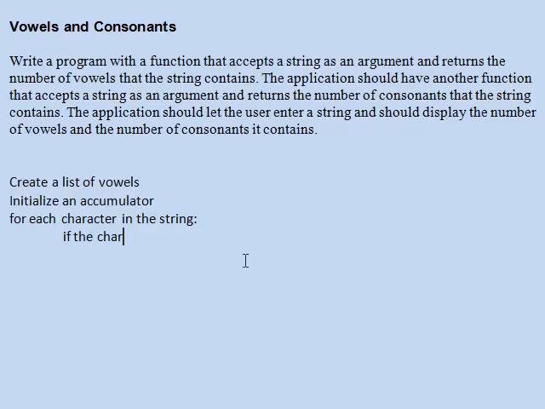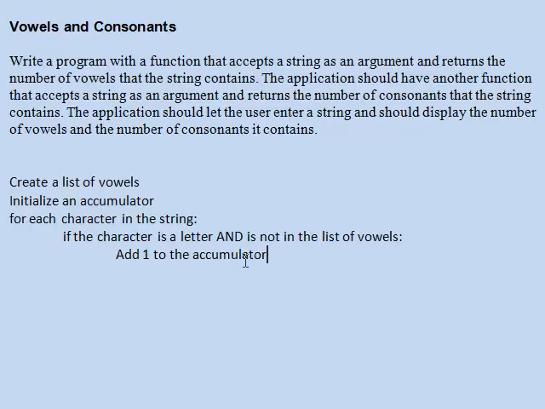If the character is a letter, in other words, if it's an alphabetic letter, and is not in the list of vowels, add 1 to the accumulator. And then at the end of the function, we will return the accumulator.